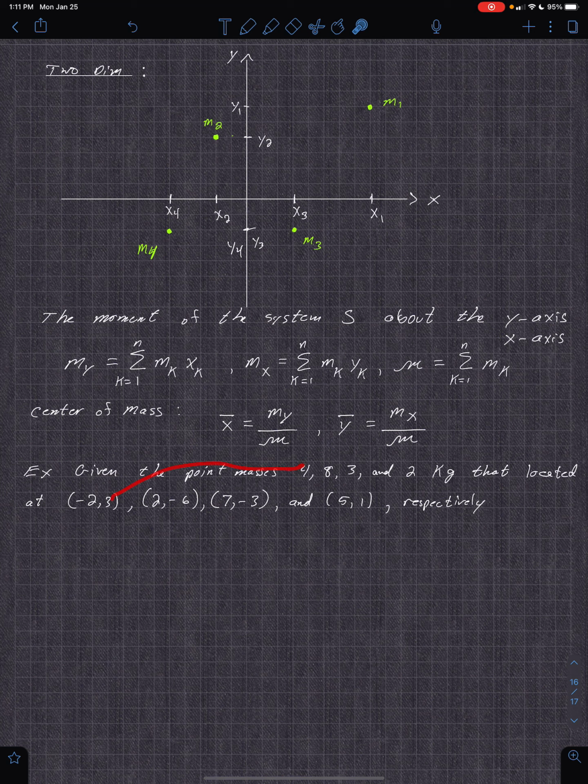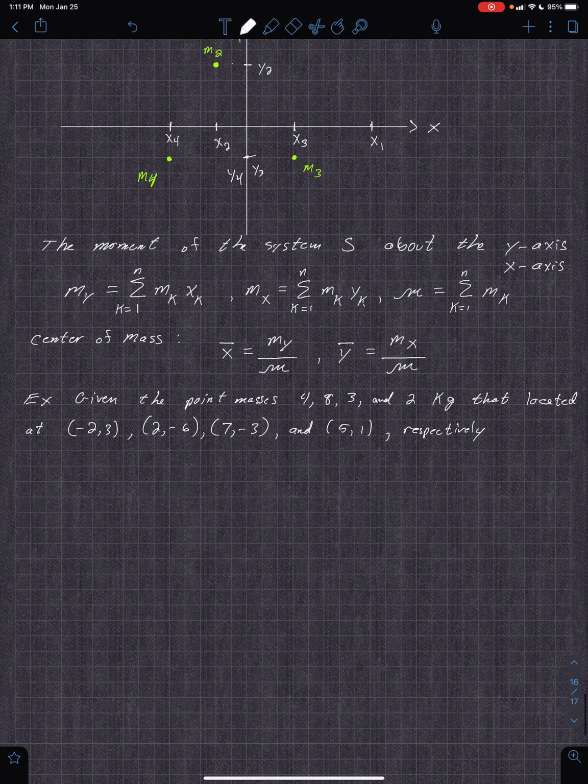So that's corresponding to those. What you do is you find the moment about the y, the moment about the x, the center of mass, and then you divide them like that.